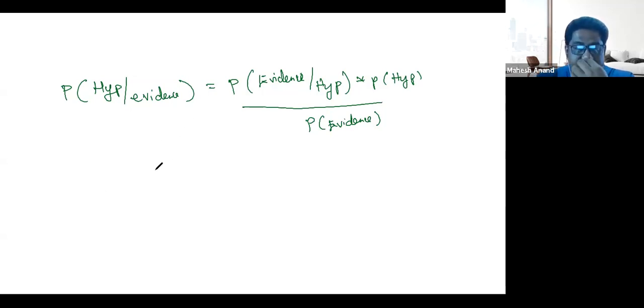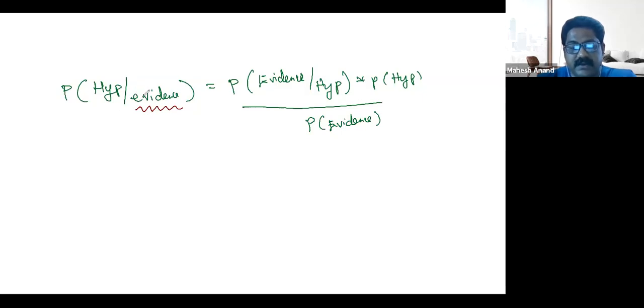In this series of lectures on probability and statistics for data science, I'll be discussing hypothesis testing for different cases in detail. Here we can understand that a hypothesis is something we are trying to prove with the available data. If the evidence is available, what is the probability of the hypothesis?